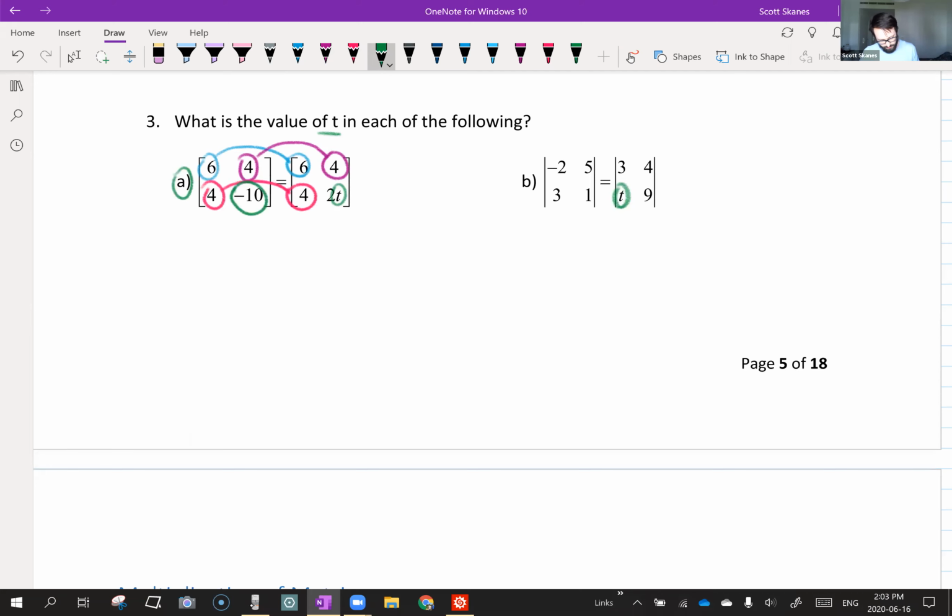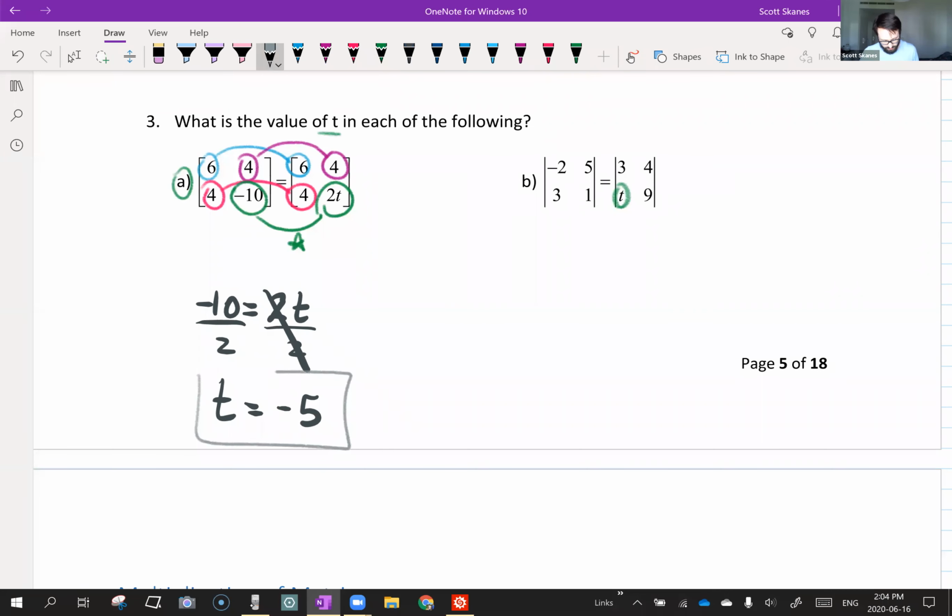That means that negative 10 is equal to 2t. And that's our most important one. So negative 10 equals 2t. What does that tell us? Well, we solve that for t. If we divide both sides by 2, t equals negative 5.